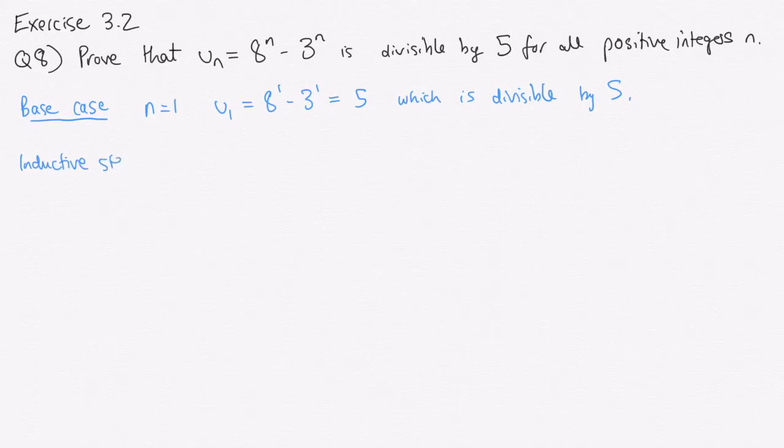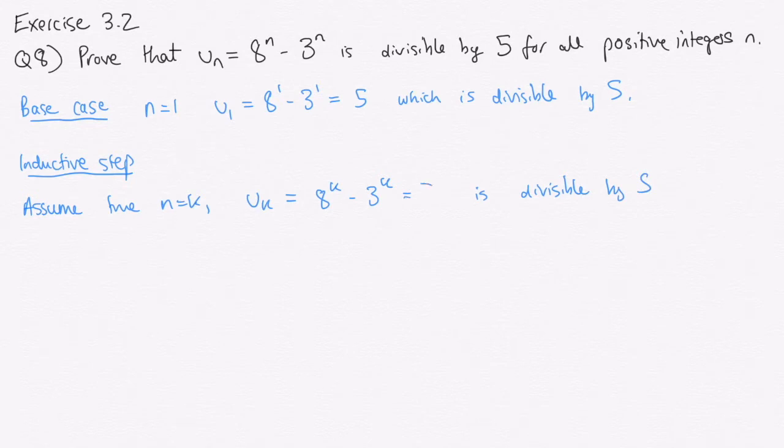So what are we going to assume? We are going to assume that this statement is true when n equals k, i.e. we are assuming that uk, which is equal to 8 to the k minus 3 to the k, is divisible by 5. And if it helps you, we can let this equal 5m when m is an integer.